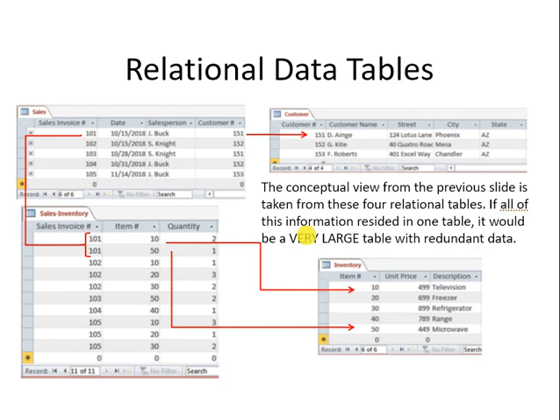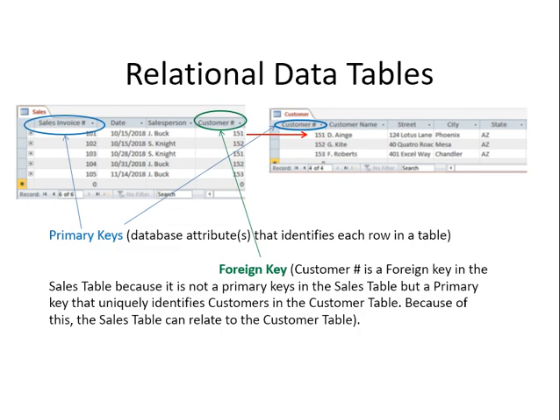That's not the purpose of a database. If we separate them into relational tables, it becomes a much more efficient way to handle data. As you can see, each table is related to one or more other tables.